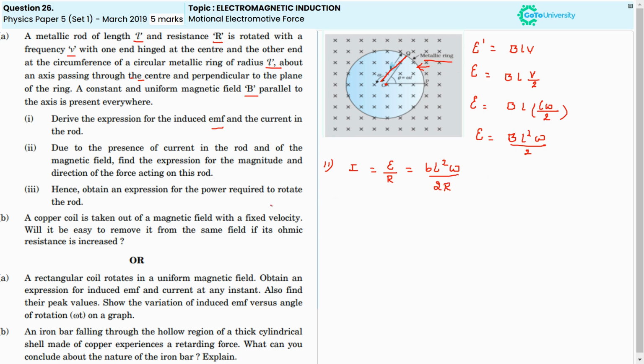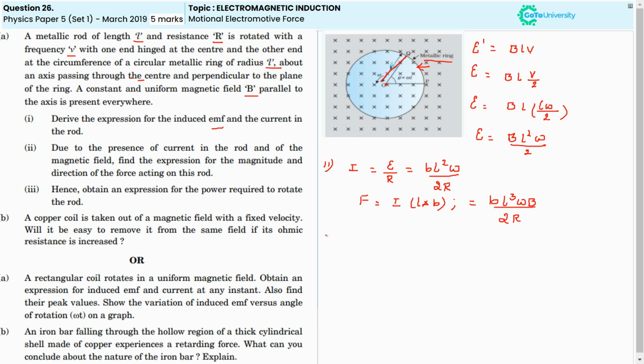Then force is equal to I times the perpendicular distance, that is L, into B. Then force is equal to B square L cube omega divided by 2R. This is the force, and the direction of the force is perpendicular to both vector L and the vector B.